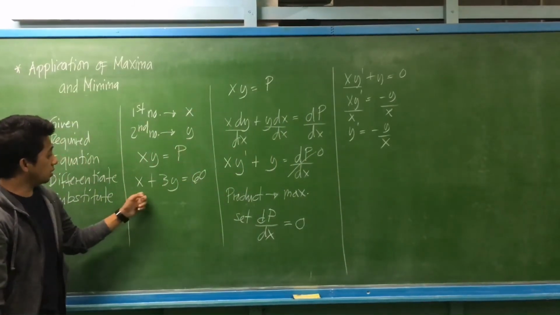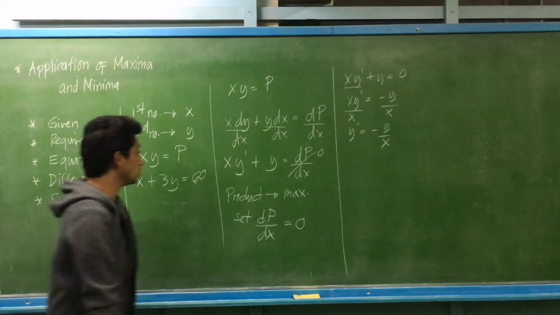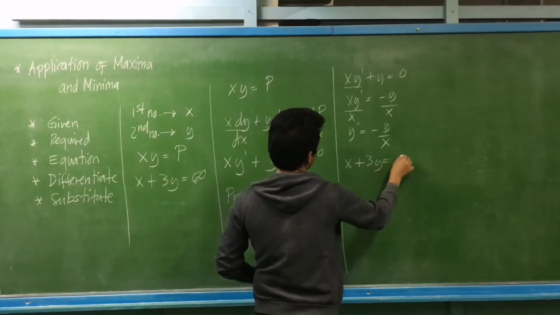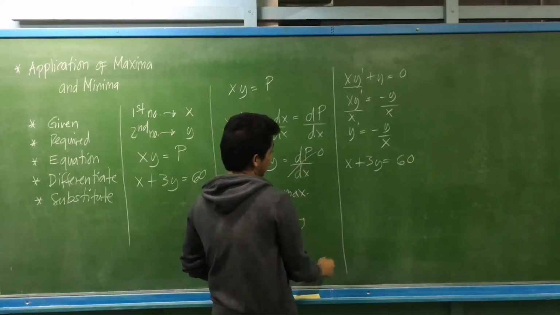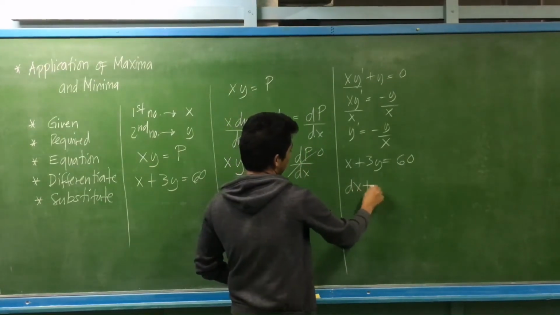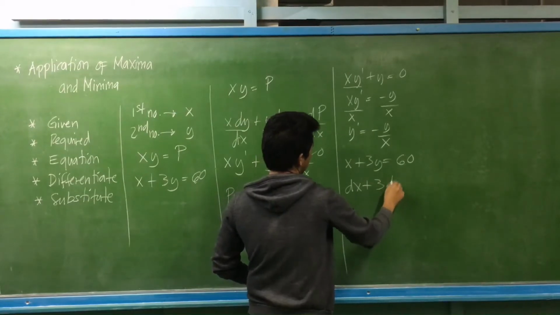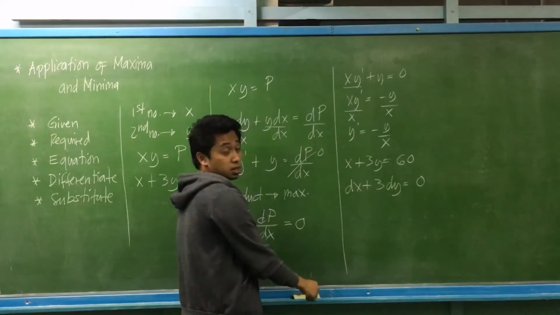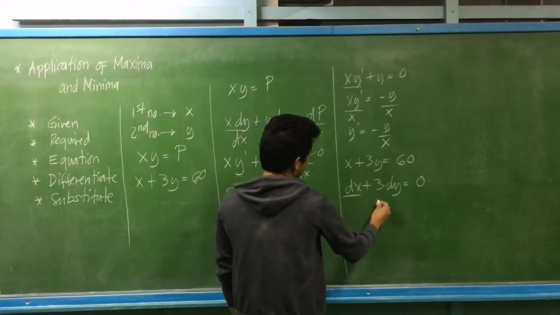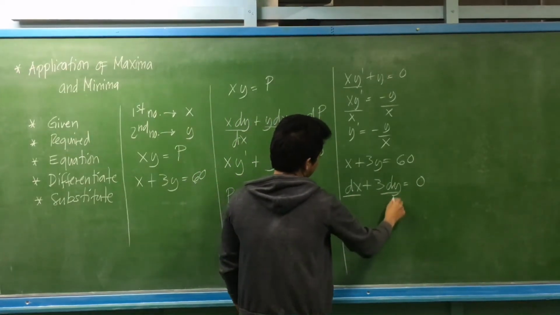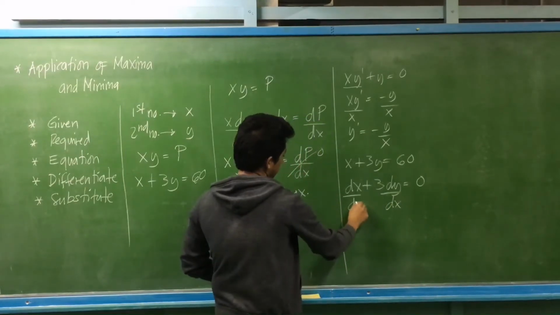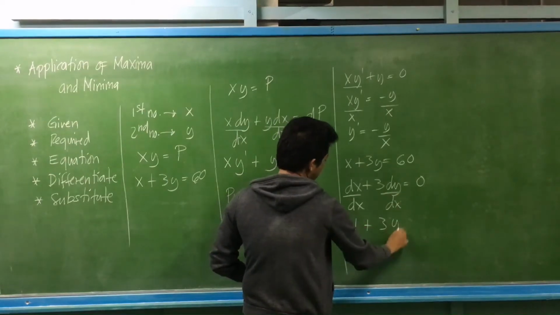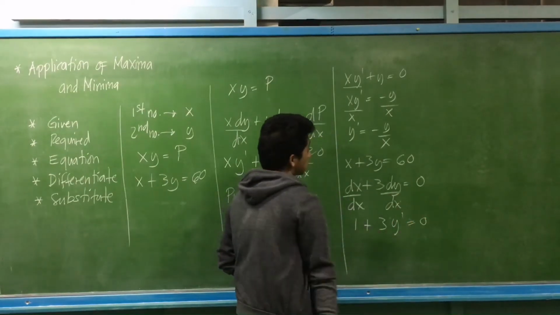We proceed to the second equation: x plus 3y is equal to 60. We need to determine the first derivative. This is dx plus 3 dy is equal to 0, since 60 is a constant. Dividing all terms by dx, we have 1 plus 3 dy over dx, which is y prime, equal to 0.